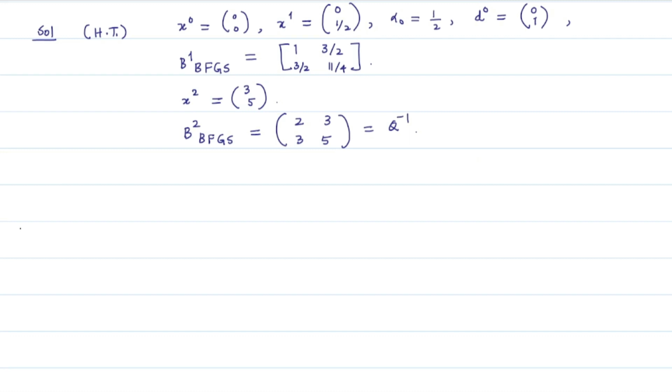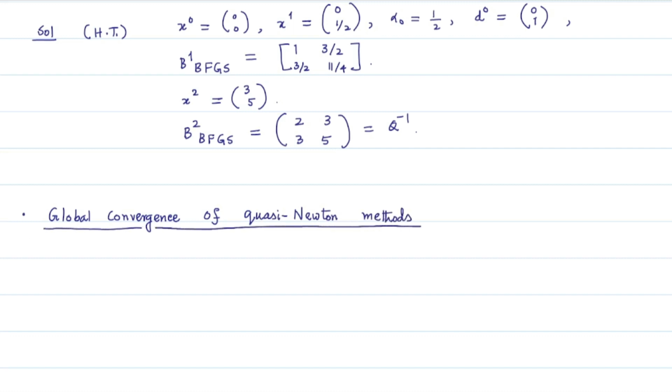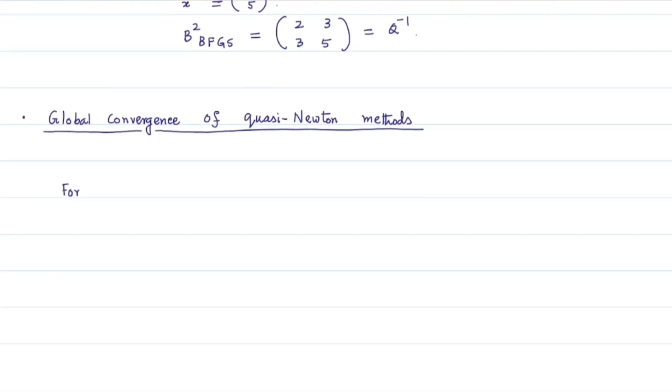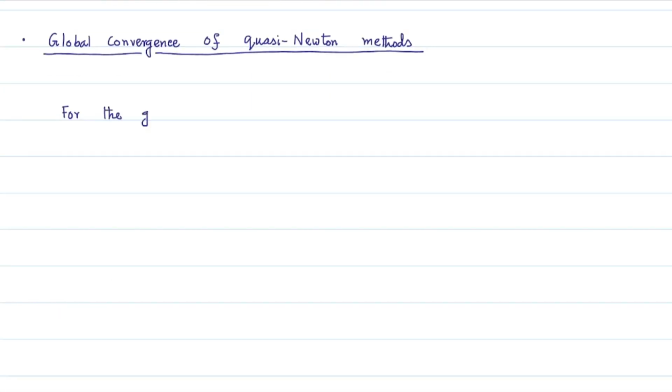Now we will go for the convergence property, the global convergence and local convergence rate of the quasi-Newton methods. For the global convergence of quasi-Newton methods, we need to have the following assumptions.